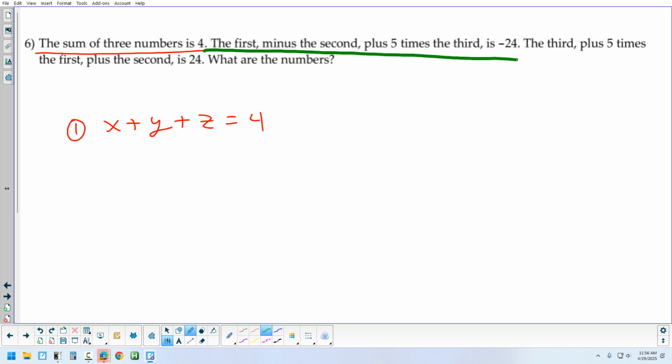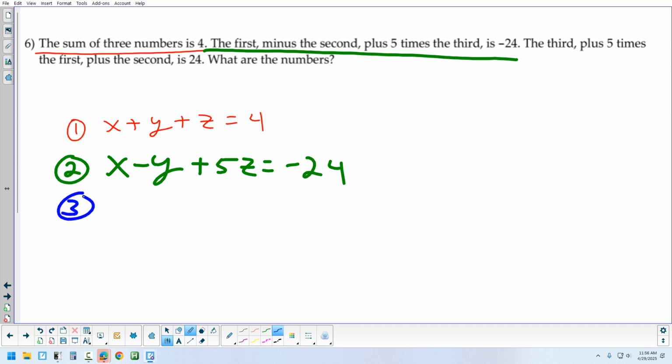The first minus the second plus 5 times the third is negative 24. x minus y plus 5z equals negative 24. If we were going to solve this, this is good because you already have a 1 in the upper left. But again, we're not solving.